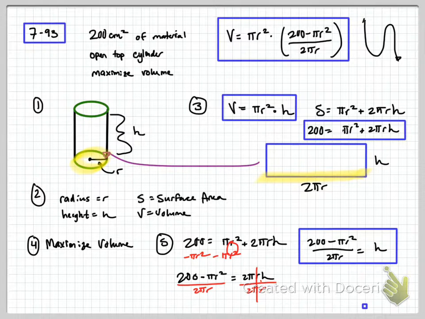It looks something like this, but I'm looking for this point right here, which ends up being 4.607 and about 307.1 cubic centimeters. So this is the radius, and this is your volume. Alright, hope that helps with 793.